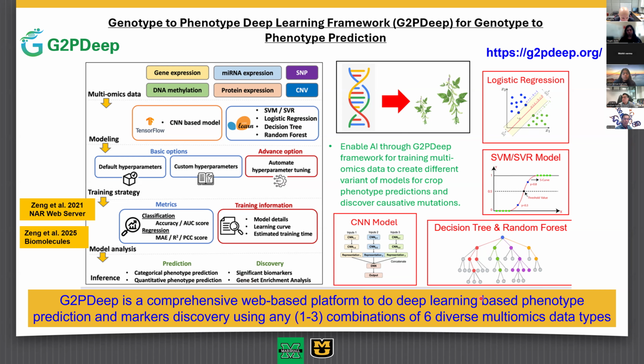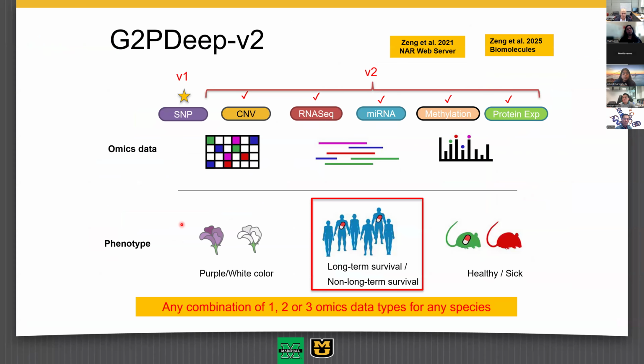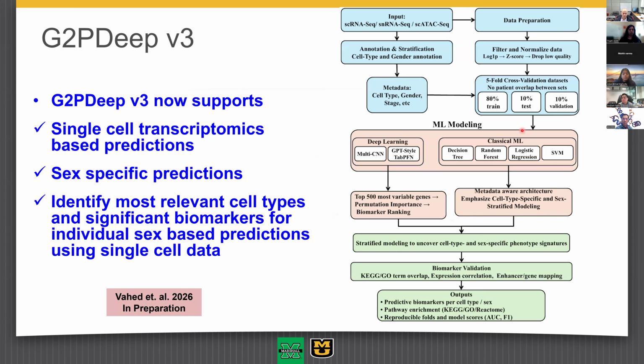So what can you use it for, right? Think of scenarios where maybe you're trying to predict a phenotype. Maybe you're trying to predict a phenotype in patients, long-term survival or not, maybe healthy or sick mice. These are the simplest examples I'm giving so that you can relate back to your own scenarios. And then you can take any combinations, like I said, of 1 single type or 2 data types or 3 data types and build those models.